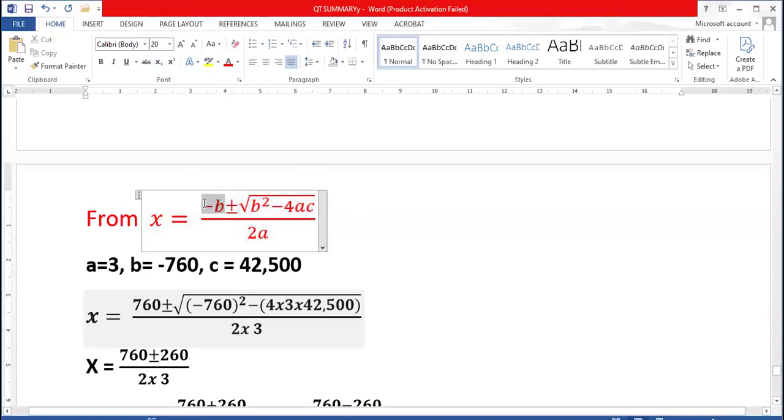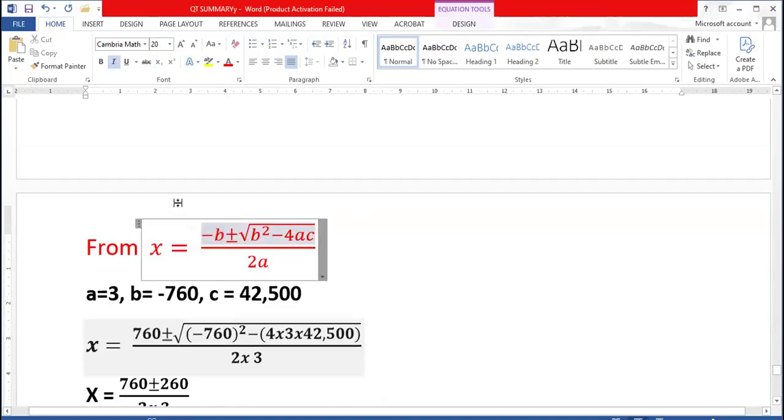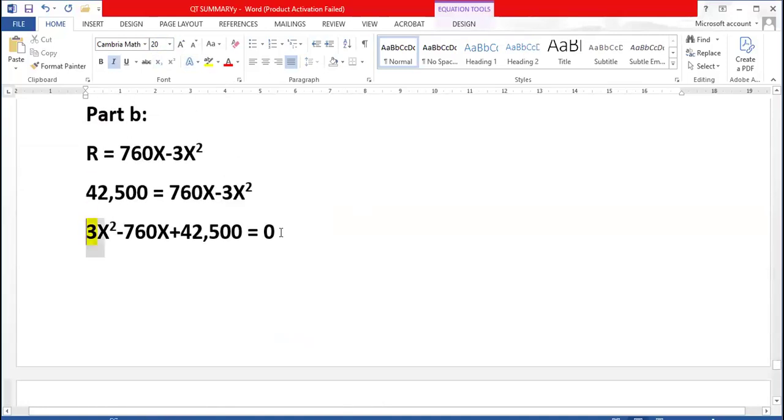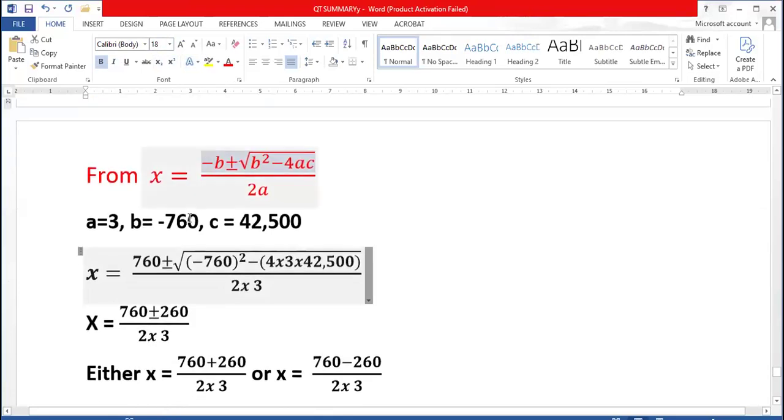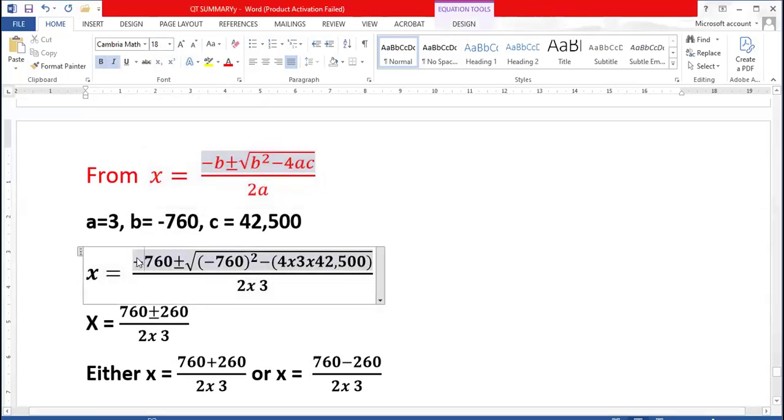You see where there is B. B is what? Negative B. Then when it comes to your equation, this is A. Then your B, are you seeing your B? Your B is negative 760. So we substitute in the formula. I start with the negative that is on the formula.